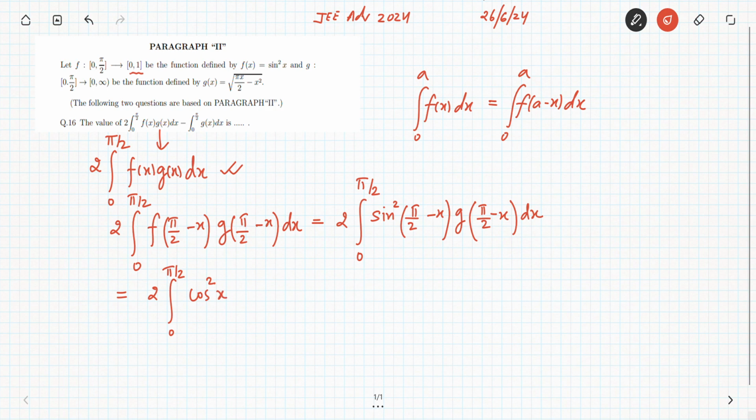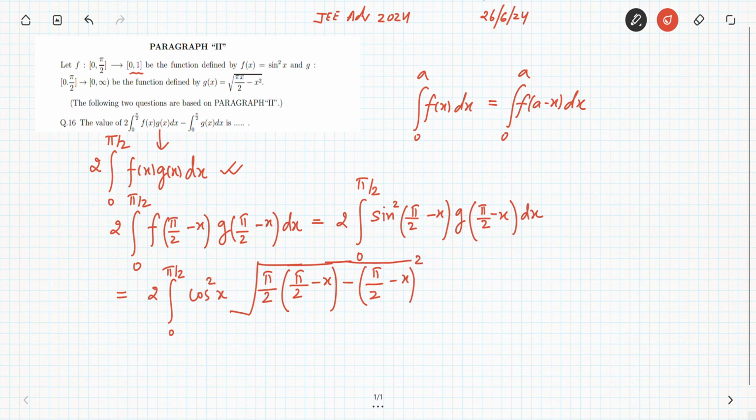So in place of g I can write like this: pi by 2, and there is a term containing x, so in place of x I will be writing pi by 2 minus x, and then there is x square, so pi by 2 minus x whole square.